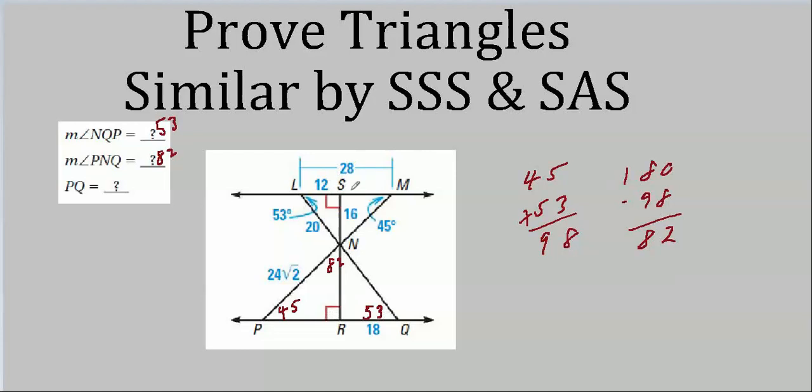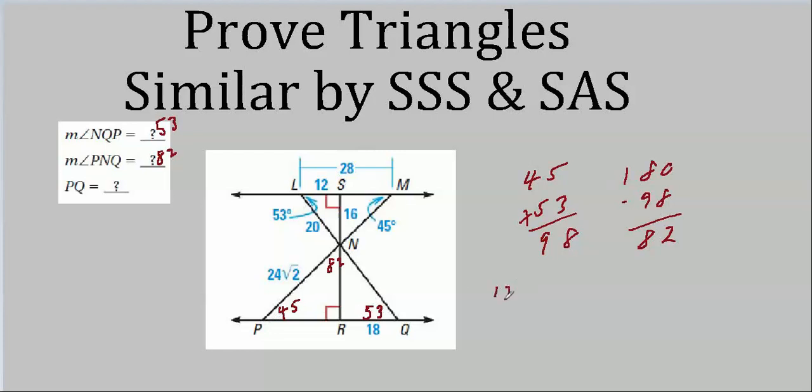So, to make a long story short, what I'm trying to say is that since they're broken up in exactly the same way, 12 over 28 would be the same as 18 over PQ, whatever that turns out to be.